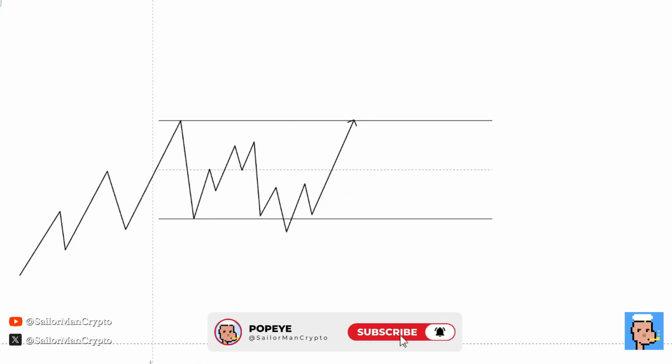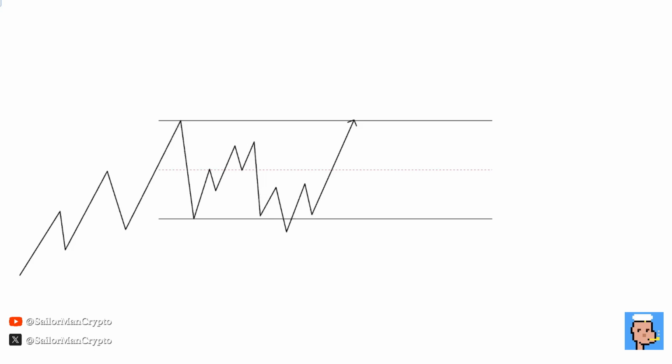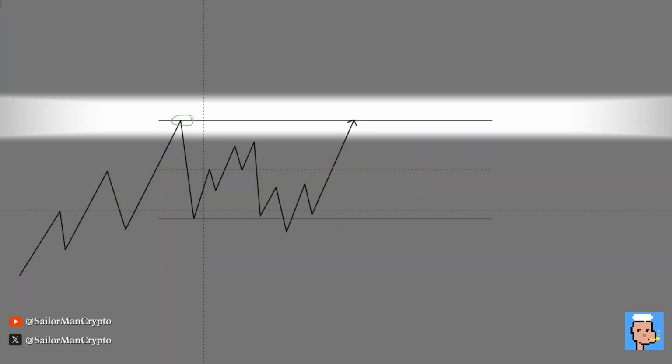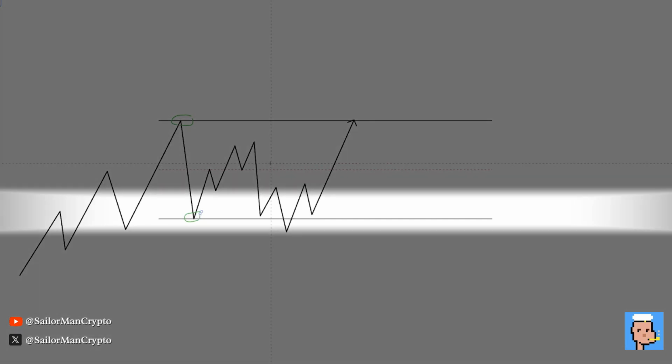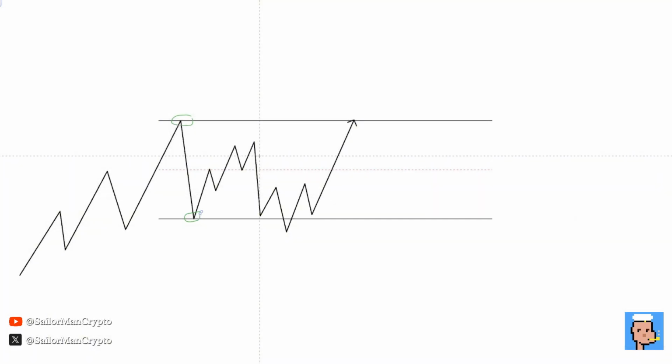So we have, let's say, four important things that have to happen. So range forms, range high forms, range low forms. We would like to see some interaction at mid-range. Range low, or the opposite for the short range high, but now we see for the long scenario it gets deviated.